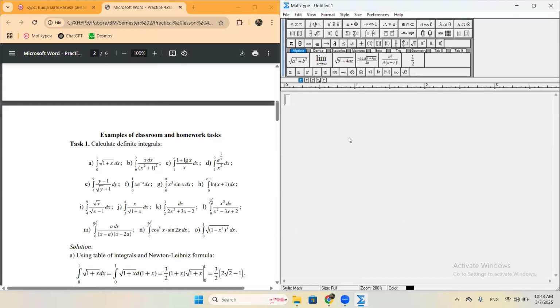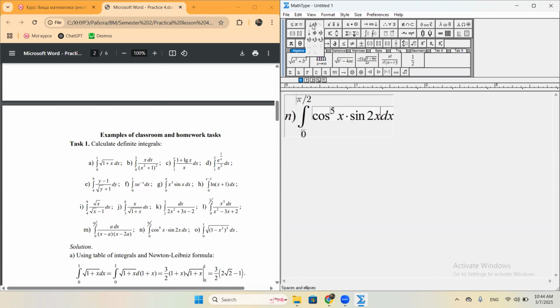So exercise N, let's remember integration rules of integration of trigonometric expressions. So from 0 to p over 2, cosine of x in power of 5 multiplied by sine of 2x dx.